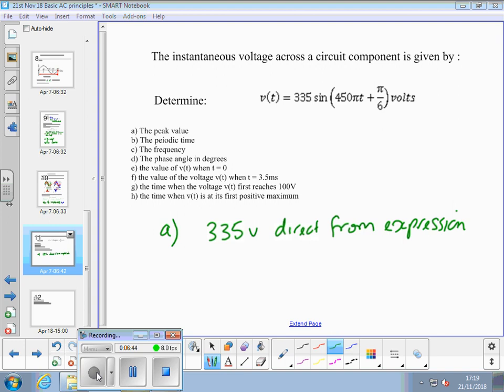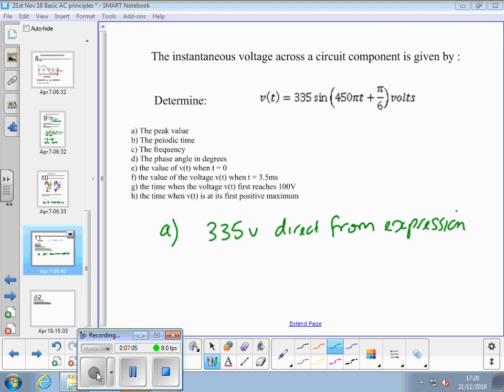If you get that question in an exam, you know that the number in front of the sine function is the peak. You've got a peak value in the exponential for your capacitor as well, haven't you? That's the applied voltage, which is what you head to when you're charging up and what you fall down from when you discharge.